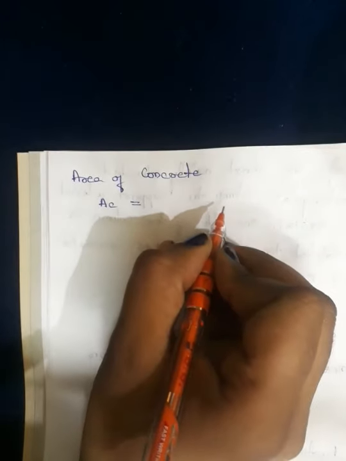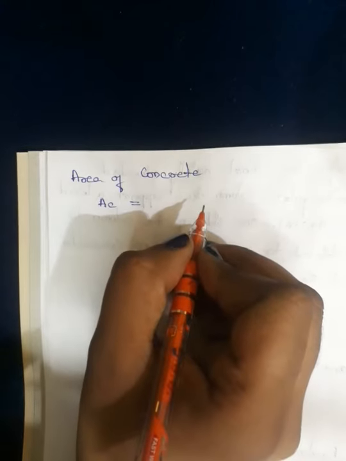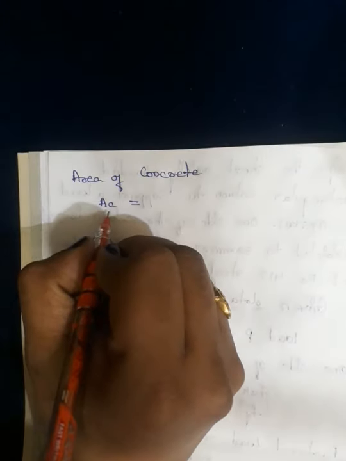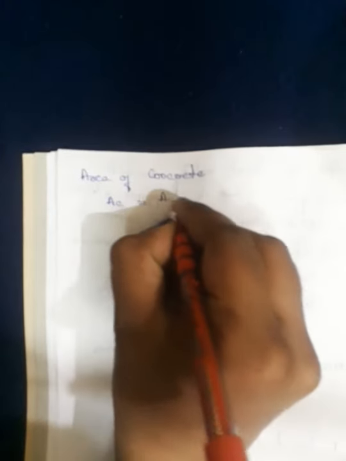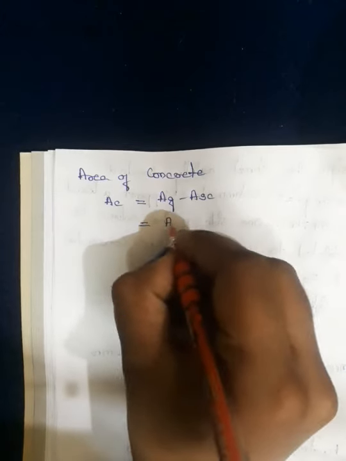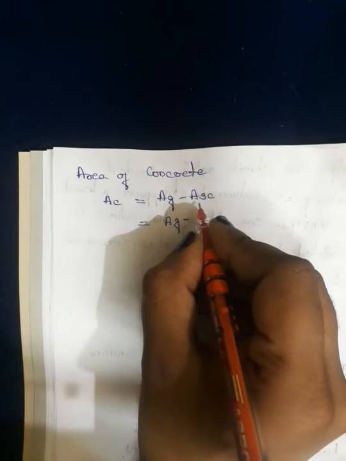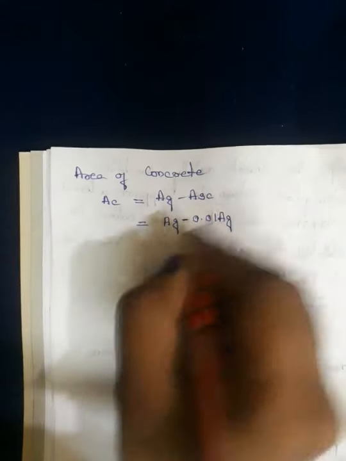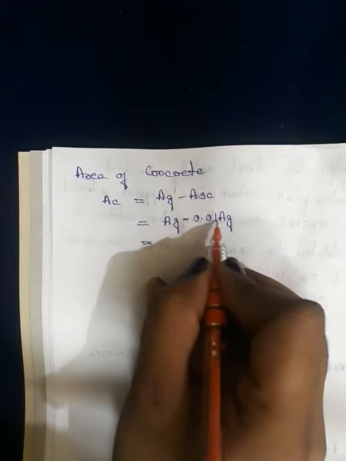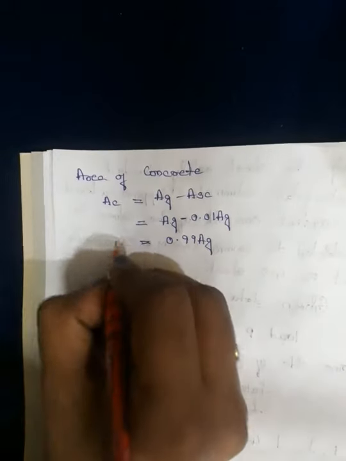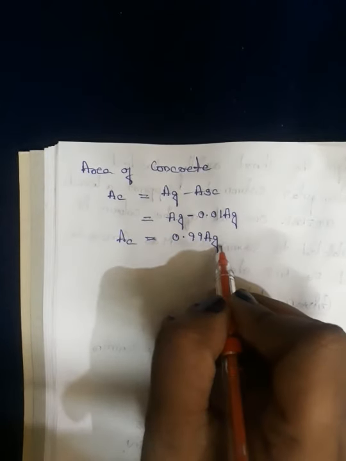From the total area of the column minus the steel reinforcement provided, the remaining area will be the concrete, right? So Ac is equal to Ag minus Asc. In the previous step we have calculated Asc is equal to 0.01 Ag, so we substitute that. Ag minus 0.01 Ag is equal to 0.99 Ag. Therefore Ac is equal to 0.99 Ag.